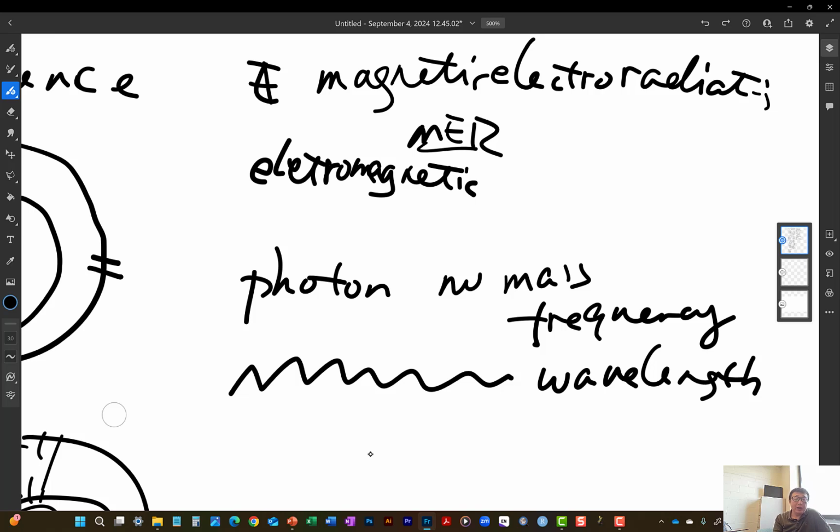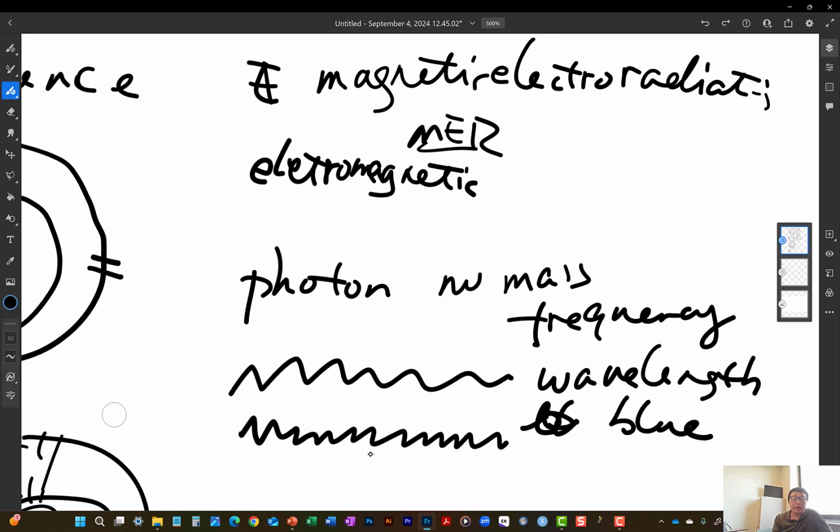If a photon travels with a very short wavelength and high frequency, this is blue. And the photon that travels with a longer wavelength and lower frequency, this is red light to us.